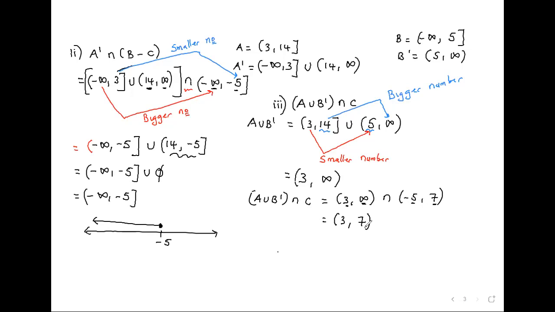So on the number line, we display 3 to 7. None of them is included. That is how it gets nice.